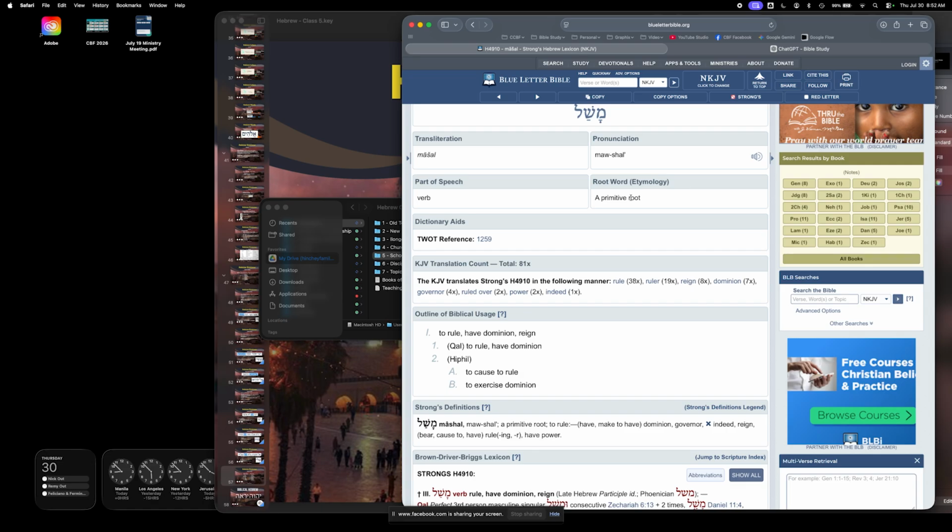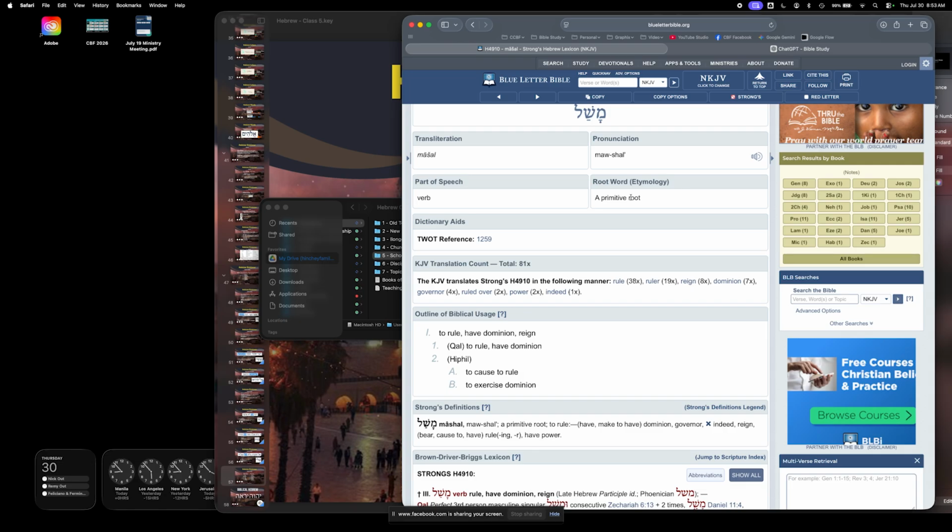It is a root word. Like I would say in English, what's a good root word in English? A root word might be eat. Eat is a root word. From eat could come eating or eater or eatery. Those are all words that can come from it, but the root word, the primitive root, if you will, is the word eat. It's your fundamental. That's the word it's all based upon.